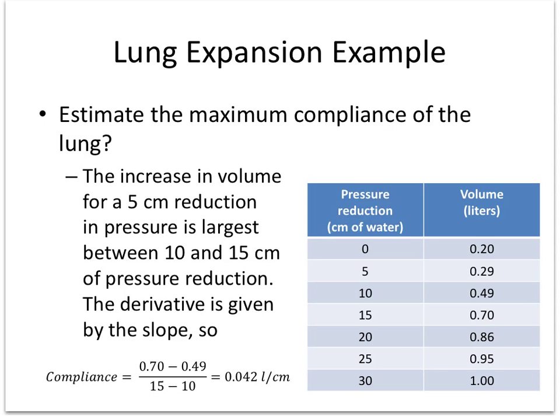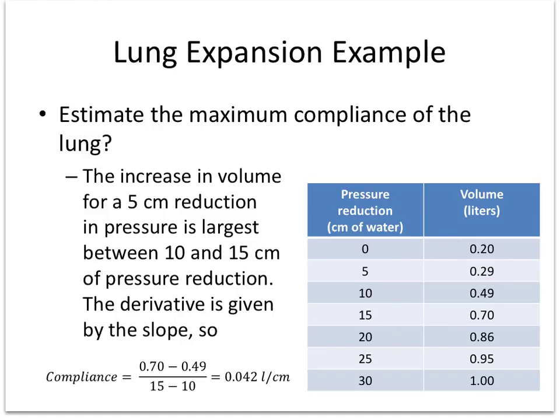What you do is you look in here, so the increase of volume for a 5 centimeter reduction is the largest. I'm looking over here in this column, and I see the largest is happening right around here. This is a good example. Estimate the maximum compliance. That's all I asked you. I did not tell you which values to pick.